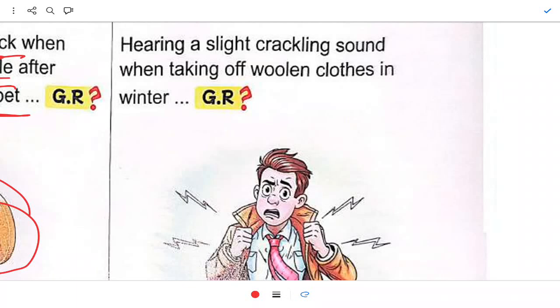If winter has come, your mother will get out the winter clothes, right? Like jackets and pullovers, and when you wear them, sometimes you will hear a slight crackling sound.